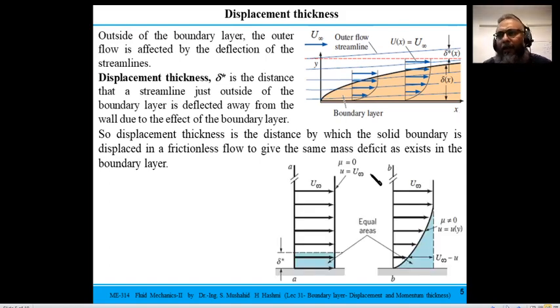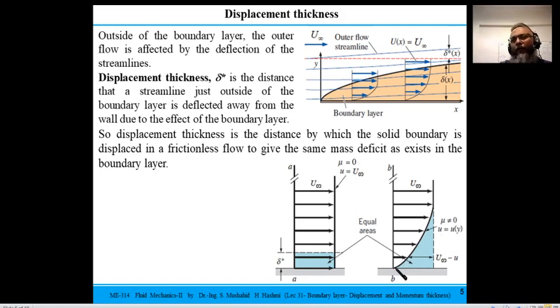From this diagram, if you have a uniform flow, in reality there is a certain velocity distribution. u is your local velocity, u infinity is your free stream velocity. Once mu is not zero, you are talking about a viscous flow, so velocity is not uniform. Velocity is some function of the vertical distance y.